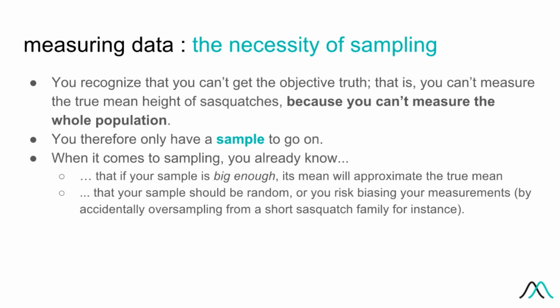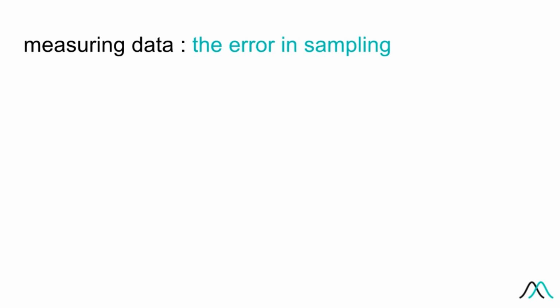A non-random sample risks bias. It won't be representative of its population because, for example, it could be accidentally oversampling from a relatively short Sasquatch family, biasing the population's mean estimate. So sampling can be more or less accurate depending on these. But let's ask a simple question we haven't yet.